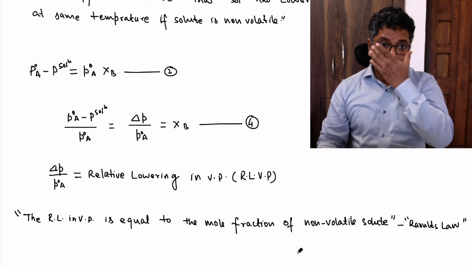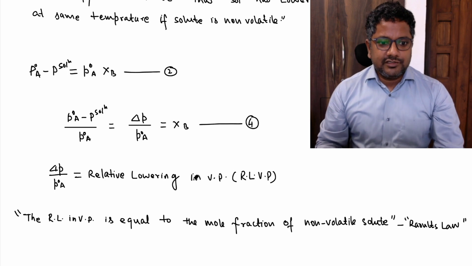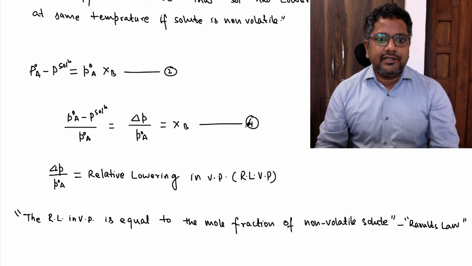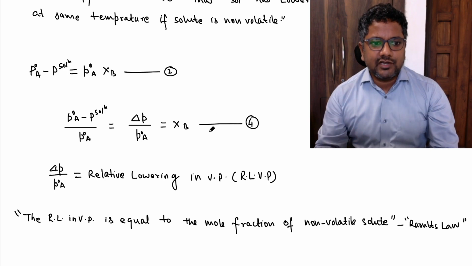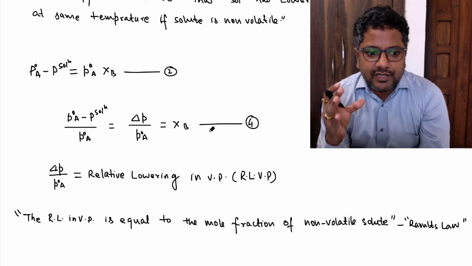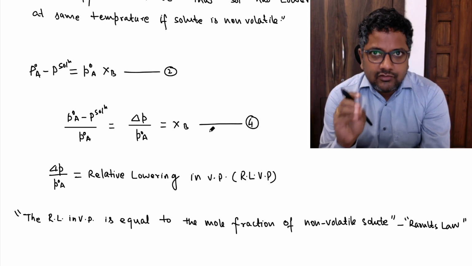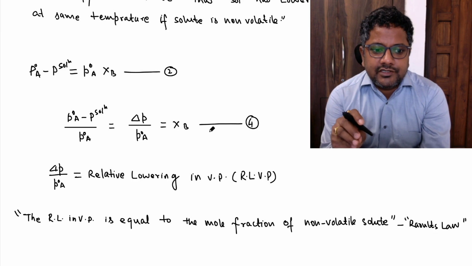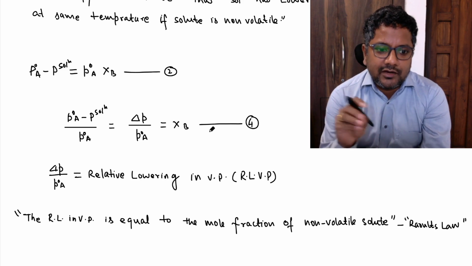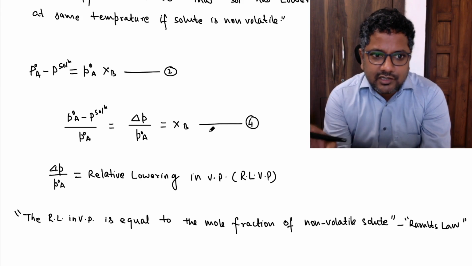Okay, so hopefully all of you are clear what Raoult's second law is. What is the validity of this equation? What is the limitation of this equation? The limitation is that the solute should be non-volatile, and the molecular state of solute and solvent remains the same before and after mixing, meaning there is no secondary interaction between solute and solvent molecules.